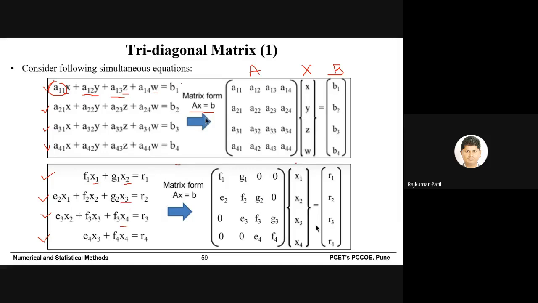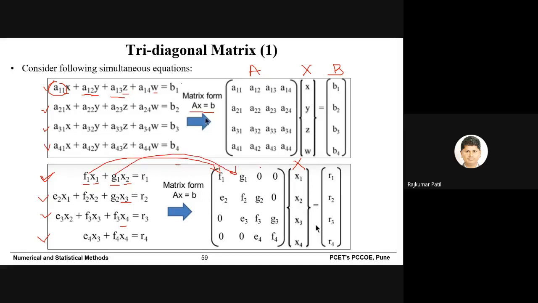On the right side you can see the unknown matrix x1, x2, x3 and x4. When you look at equation number 1, the coefficients of x1 and x2 are known, and that can be seen in the matrix as well.